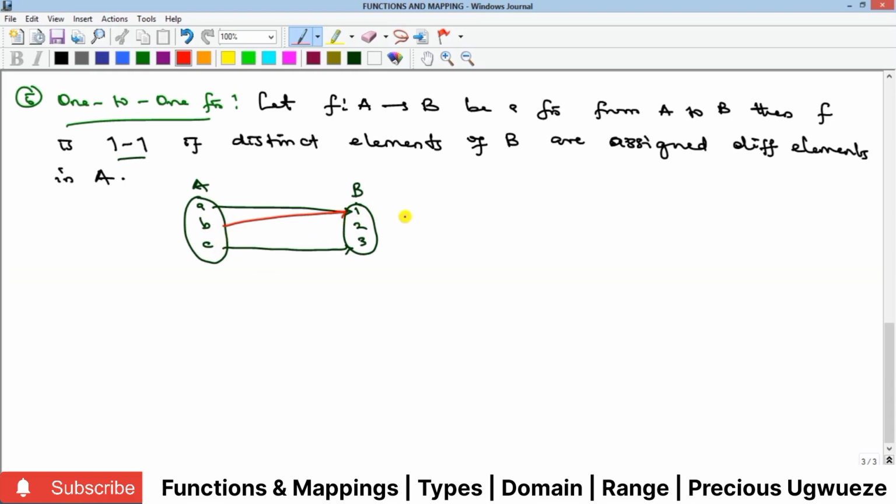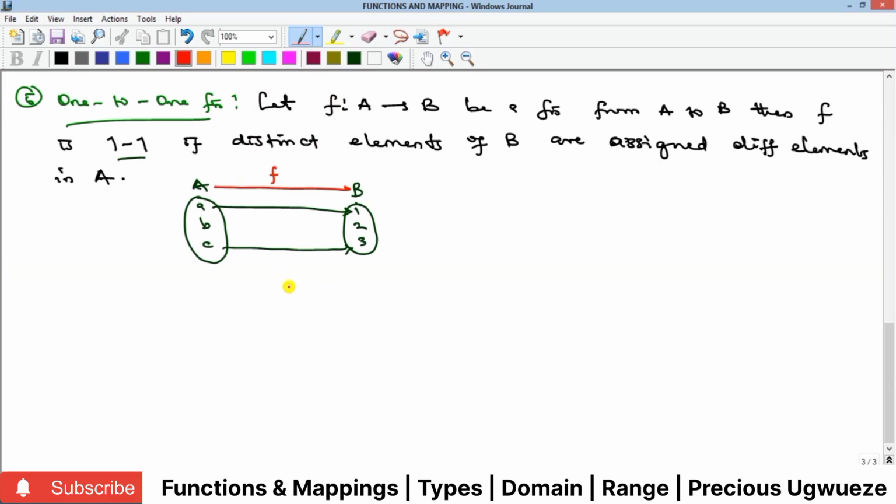A. So in other words, another way to say this is that 1 here has 2 pre-images, and then these 2 pre-images just have 1 image inside B. Okay, so we now say that this particular function here, assuming this is our f going from A to B, this f here now is not one-to-one. But if you remove this, then the f you have here becomes a one-to-one what?